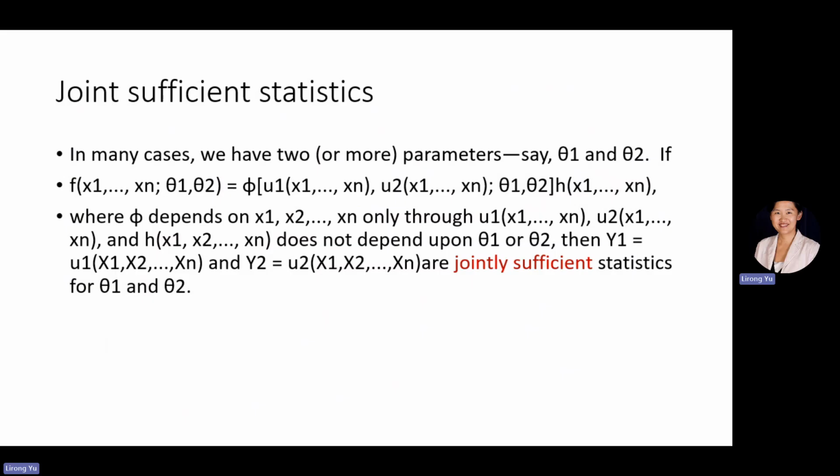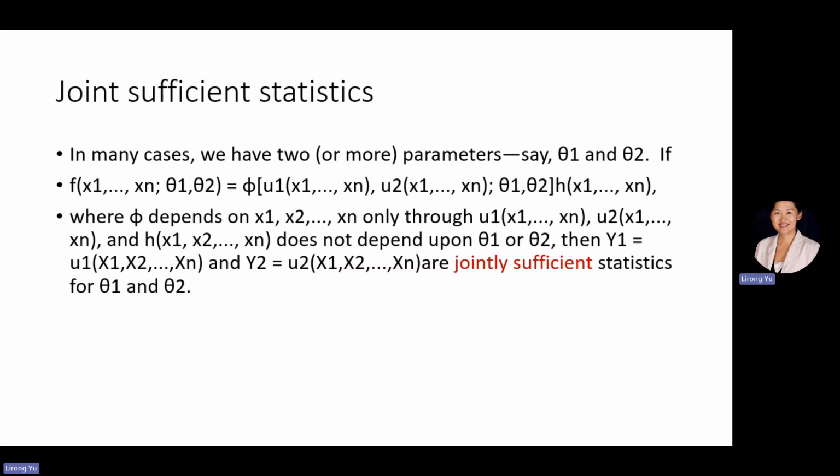Suppose we have two parameters, theta 1 and theta 2, that we need to estimate. What would be a sufficient statistic for two parameters? The idea is, if you want to estimate two parameters, you're going to need at least two statistics. So what do we do? Again, you create the likelihood function and factor it. Part of it is independent of theta 1, theta 2, and part of it is dependent.